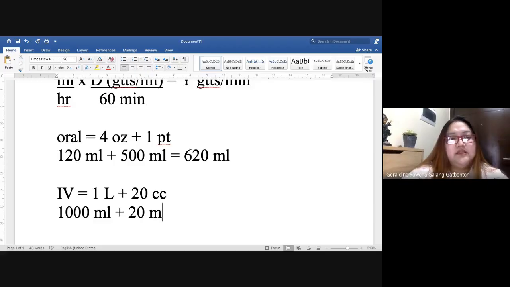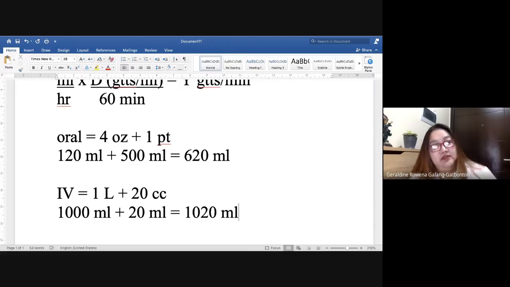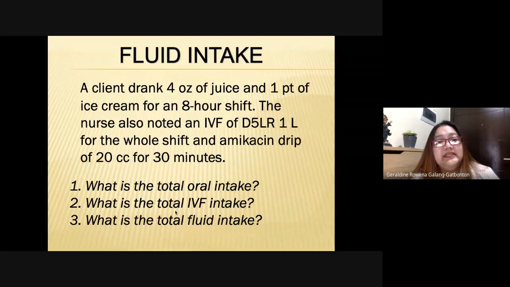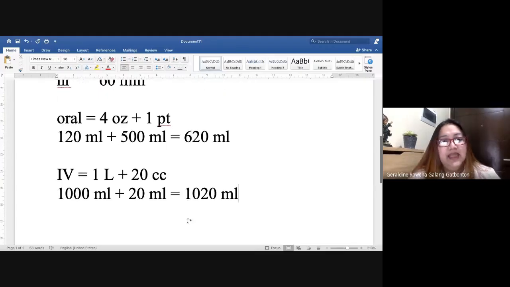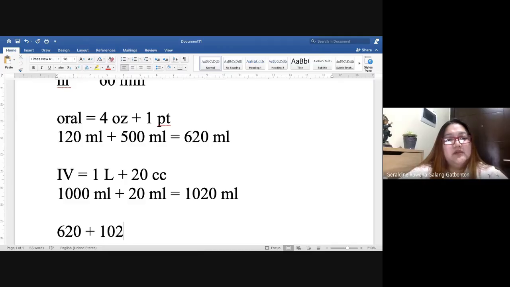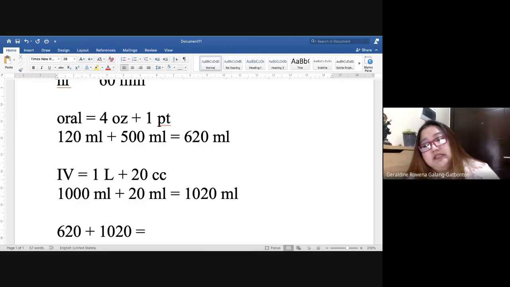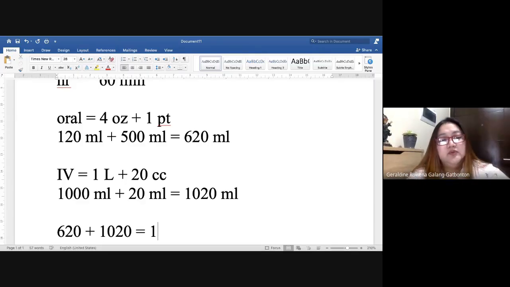So 20 ml. So what is his IV intake? 1,020 ml. But if the question is total fluid intake, you have to get both the IVF and the oral. So it's simply adding 620 ml plus 1,020 ml. So his total fluid intake is 1,640 ml.